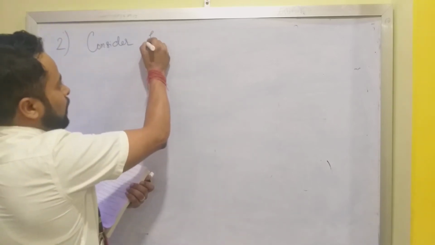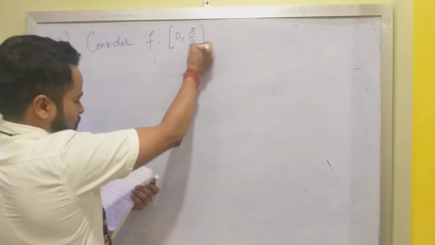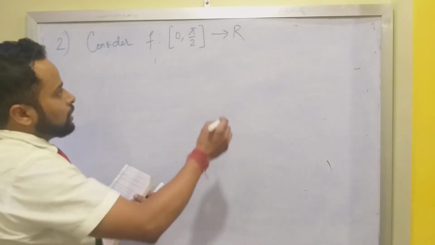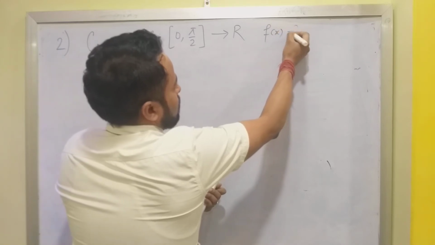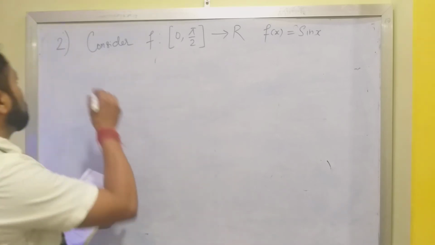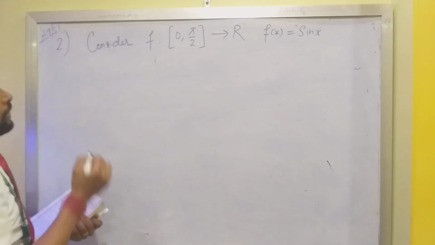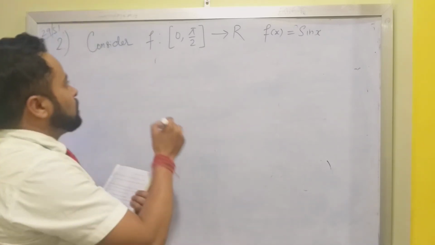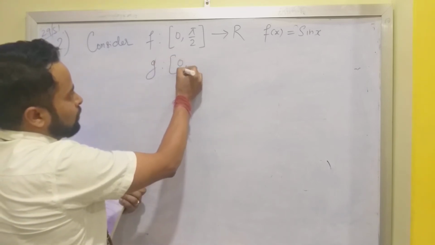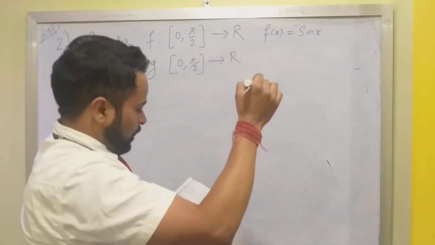Consider the function f from the closed interval 0 to pi by 2 mapped to the real numbers, where f of x is sin x. You can see page number 29, example number 51. And g is also a function from 0 to pi by 2 mapped to R, where g of x is cos x.